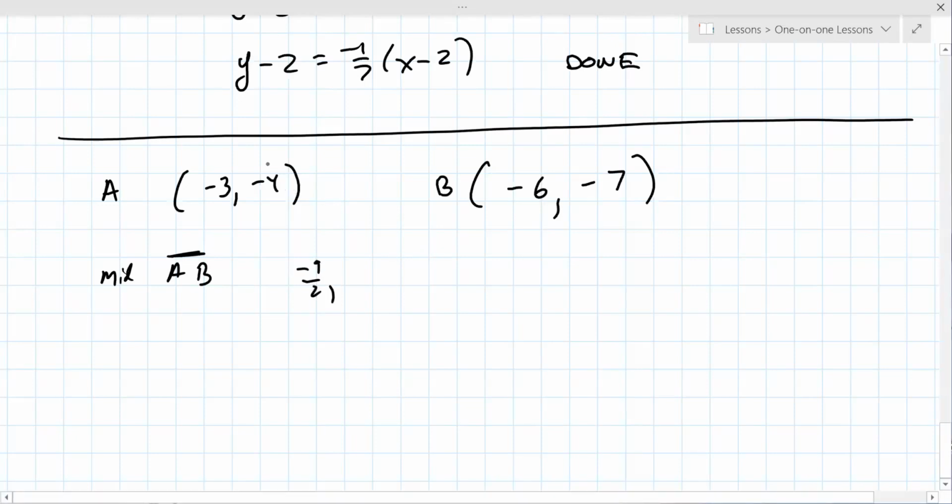So when I add the y's up, I get negative 11 over 2. Oh, okay.